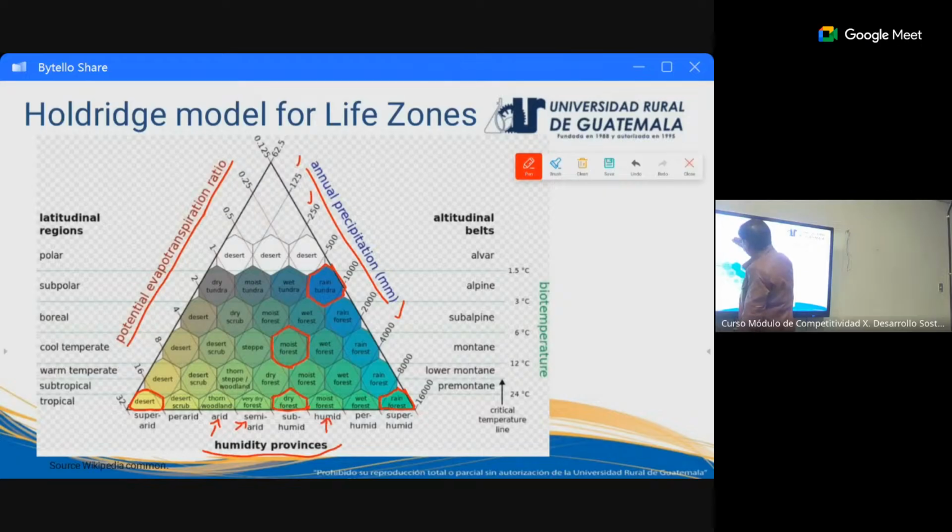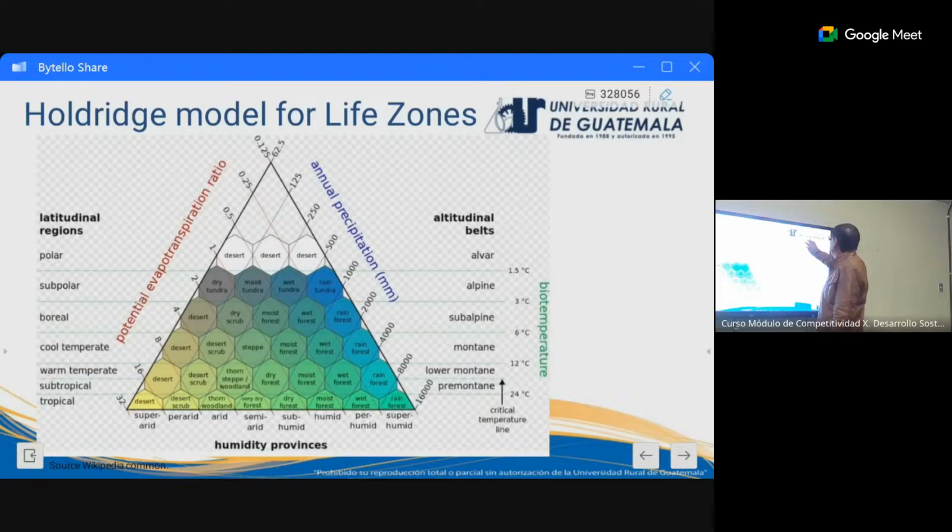And also, this is an intersection or combination between the three parameters, like this one here, that we could have maybe this value of potential evapotranspiration ratio, or this value here too, and so on. This is the way we can read or interpret this model. So let's continue with our class.